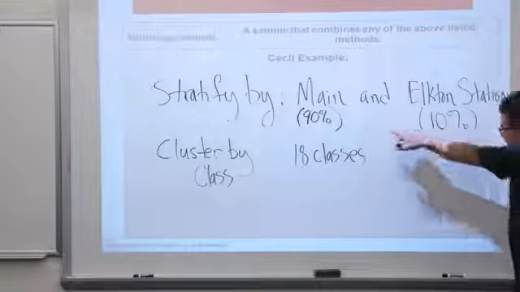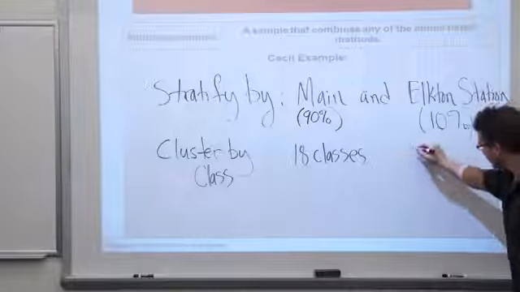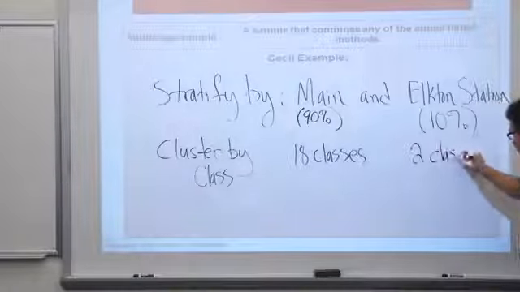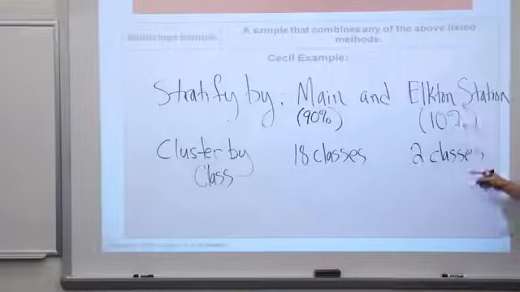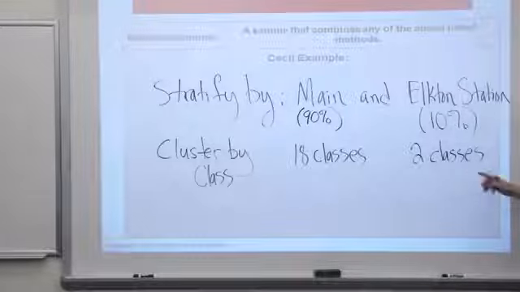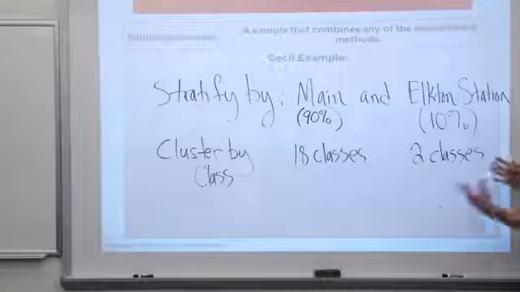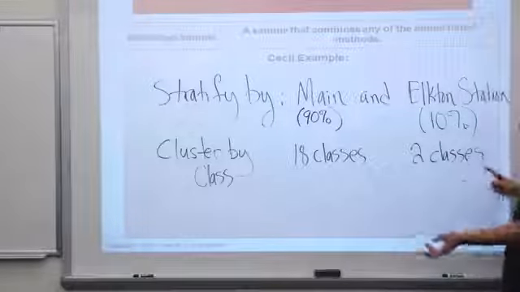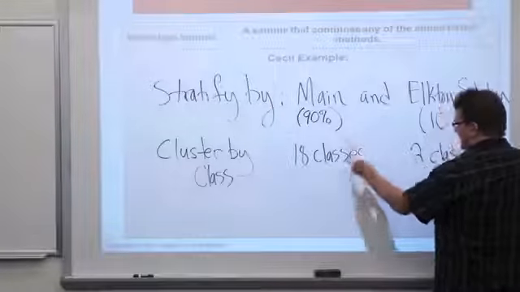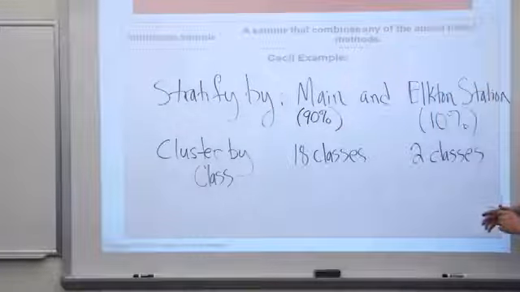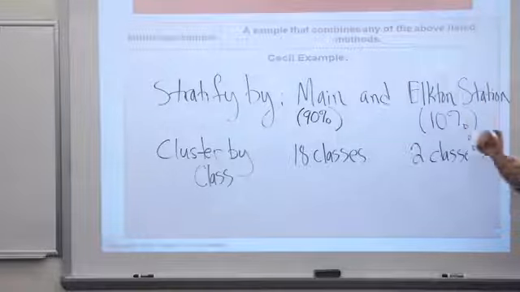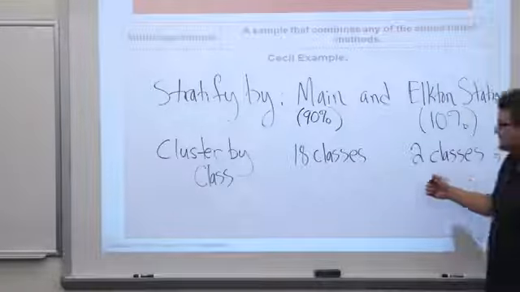To keep this 90-10 percentage breakdown, I guess that means I'm going to sample 2 classes at random from Elkton Station. Every student present there will be part of the sample. Now, when it's all said and done, depending on the number of students, it might not be perfectly 90-10, but we're combining methods, so we've got multi-stage.